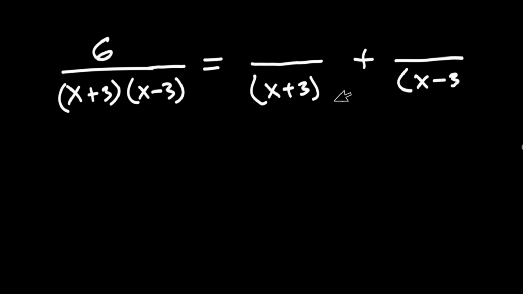But the question is, what are we going to write on the numerator side? Now, one key thing you need to pay attention to is that whenever you express any given fraction into its partial form, the degree of the numerator must be 1 less than the degree of the denominator. You notice that in the parentheses here, we have the degree of the denominator to be just 1.